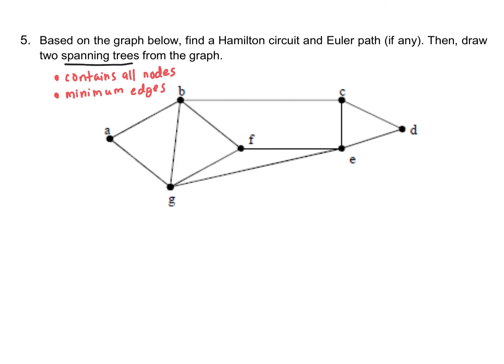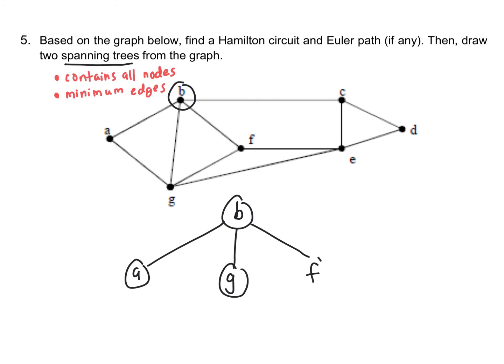So now let's draw the spanning tree for this graph. You can choose any node to start with. So let's say I choose B to be the root. From this B, we may have it connected to A, then connected to G, connect to F, and it can also connect to C, right?